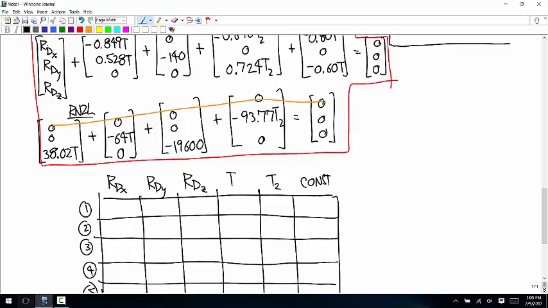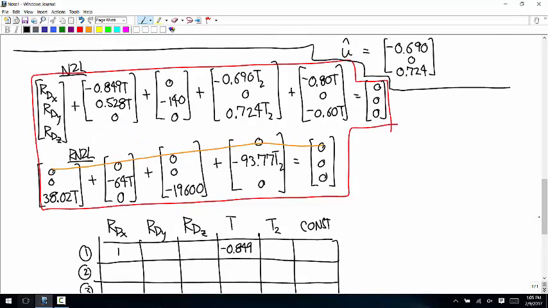So the first equation says RDX we have 1, T's we have negative 0.849, plus some more. So those add up to be negative 1.649.